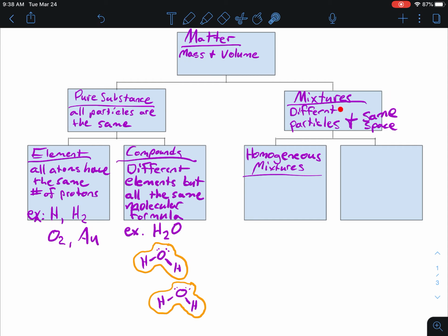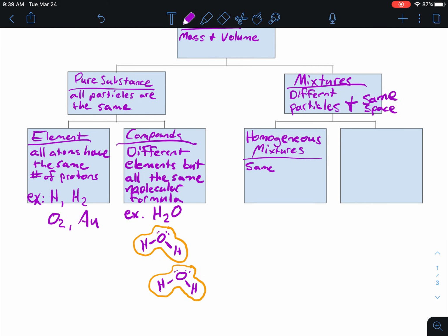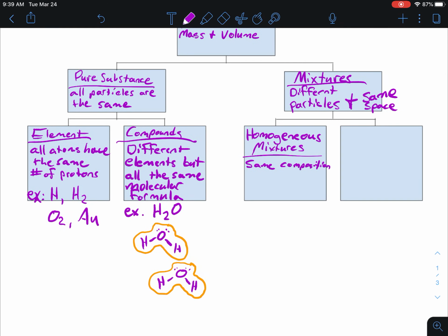Yes, these mixtures have different particles. Yes, they're sharing the same space, but the homo, meaning same, it is the same composition, meaning same percent throughout.